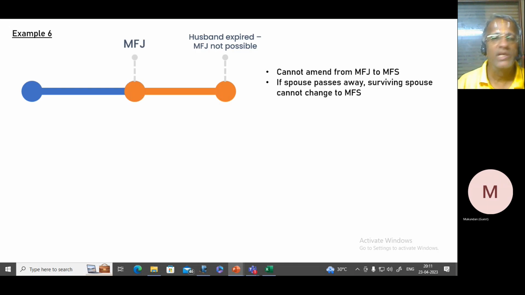So here we would like to take up something about where a marriage is annulled. Annulled means cancelled out. Initially, they were thinking that they were all married. And there was some dispute and the marriage was cancelled.